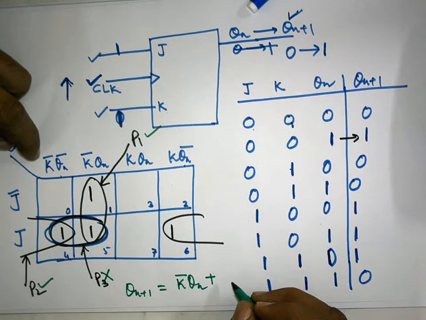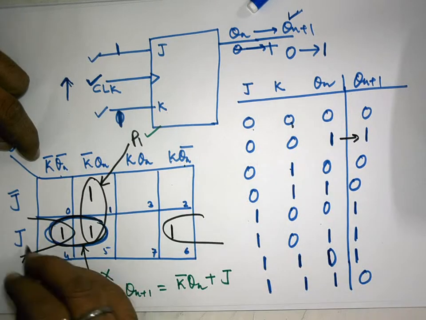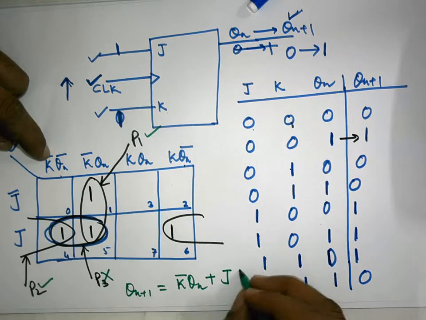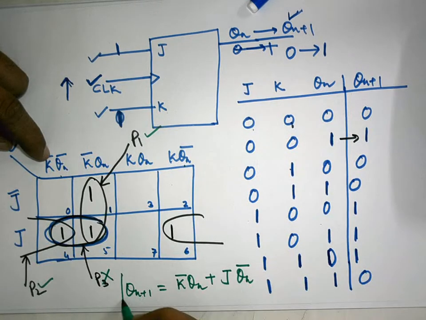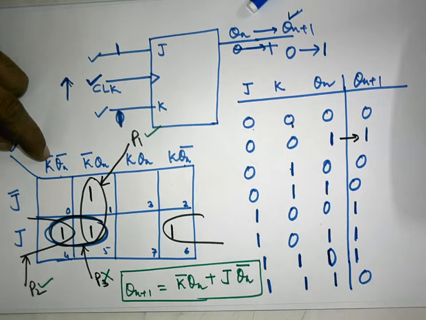You see K is changing to J. J is there, J Qn bar. This is the characteristic equation: J Qn bar plus K bar Qn. This is the characteristic equation of your JK flip flop. If you insert this term, it will be an extra term.